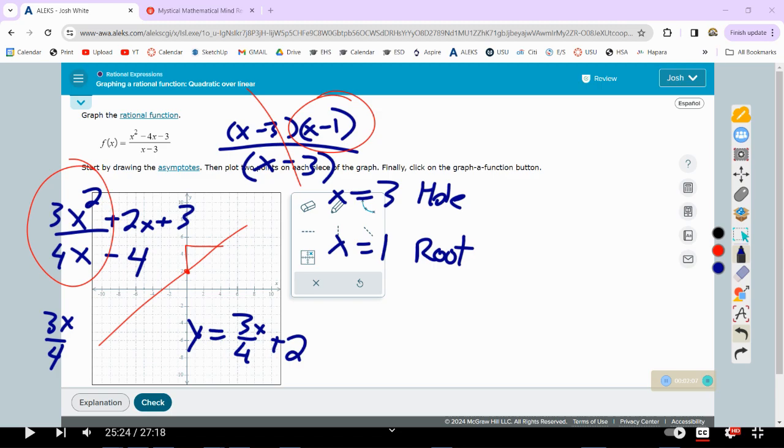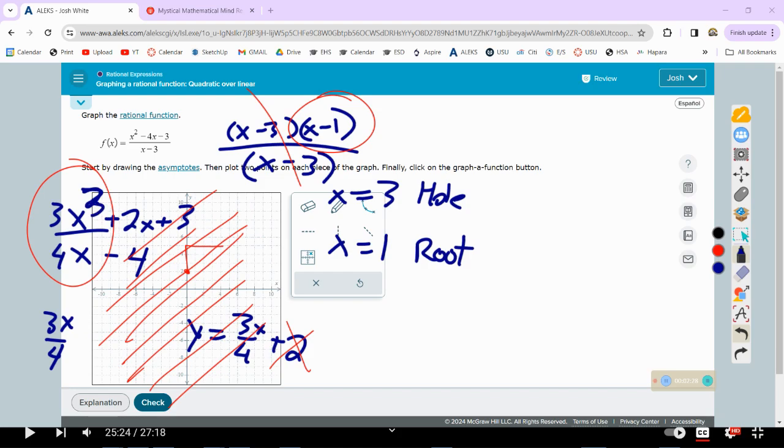So if the numerator is 1 degree higher than the denominator, then you're going to have a slanted asymptote. The question is, where is it? I just made up this 2. So somewhere we have an asymptote that has a slope of 3 over 4.